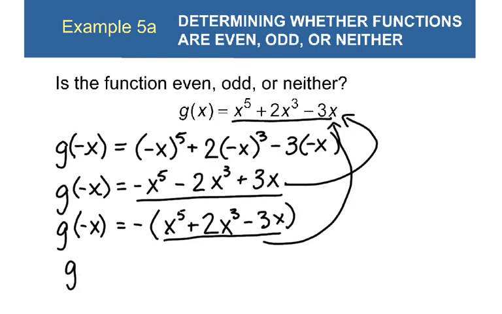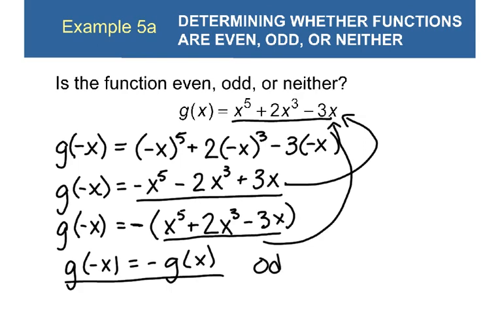So what we have is g of negative x is equal to negative g of x, see this negative right here. And if this statement is our result, what we have is an odd function. Okay? So that's how we determine if it's odd.